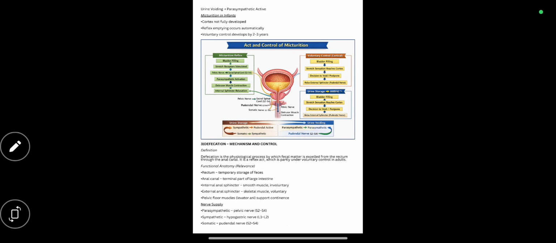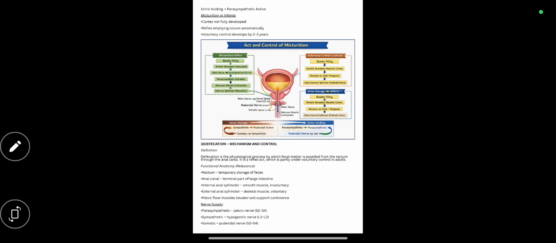When you cover these topics in your anatomy of the digestive system, almost one fourth of that chapter will be refreshed and revised by you. So train yourself like that, and try to study everything with diagrams, which will stay in your mind for a longer period of time and will be useful in the exam also.